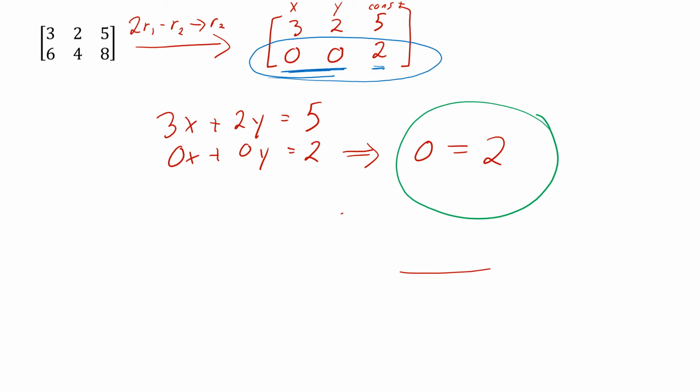And if that's a non-zero, but I have all zeros ahead of it, that means I'm getting something like what I have here, 0 equals 2. That's a problem. That tells me that it's inconsistent. So doing the elementary row operations will tell me if it's consistent. If it's consistent, it will give me a solution. If I end up with a row where I have all zeros except for the constant after doing elementary row operations, that tells me it's inconsistent.